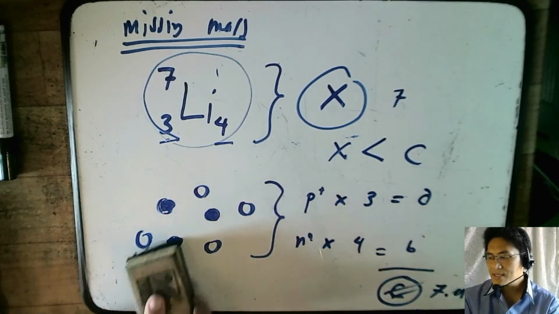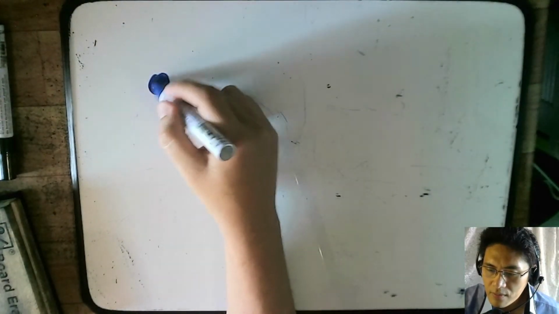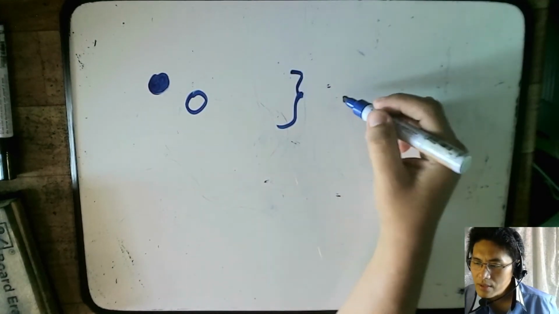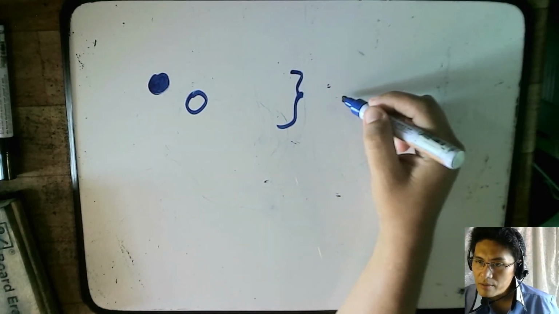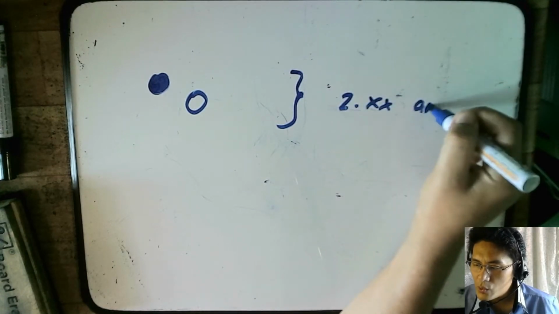Meaning, if I simplify it, let's say I'll just take one proton and one neutron, right? The mass of this one will be higher. It would be something like 2 point something AMU.